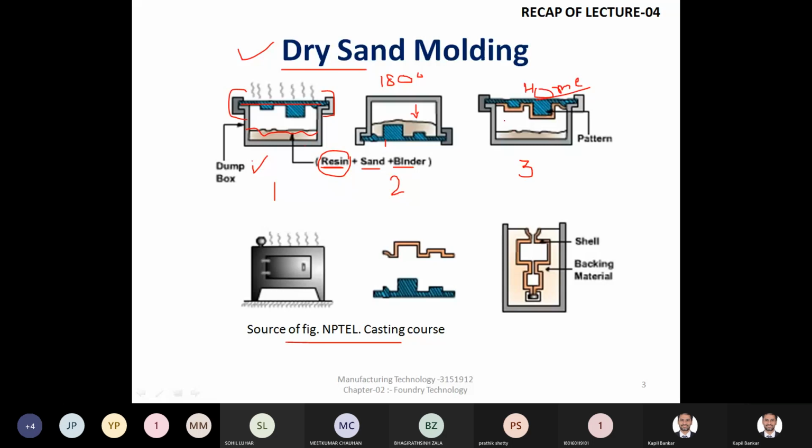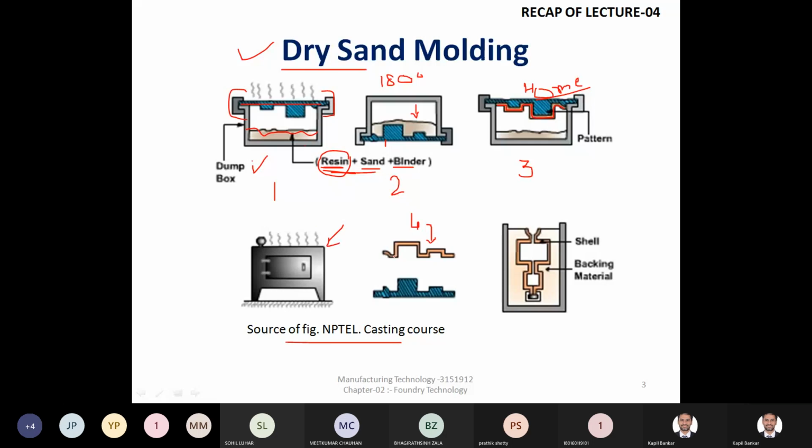So what happened? Because of the heated pattern and the resin particles available in the sand mixture of the dump box, this very thin layer will cling or stick on the pattern surface, and that can be removed in step number 4. You can remove it by applying some heat.